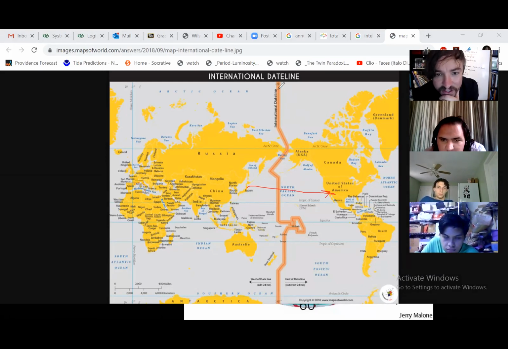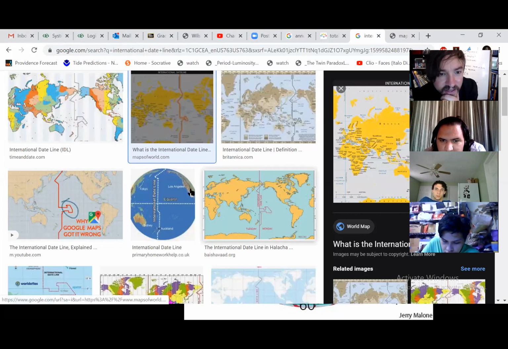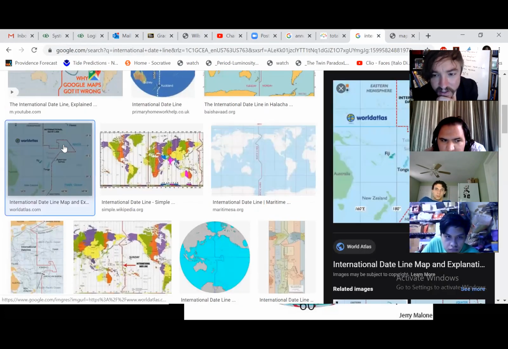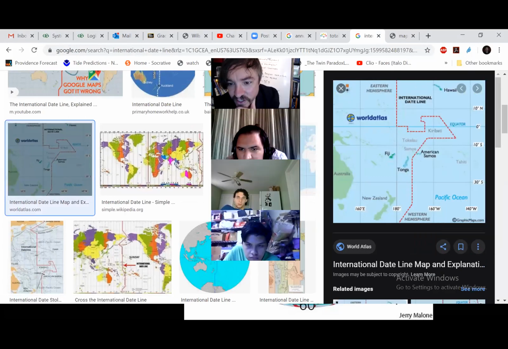You'll notice that the international dateline doesn't go straight, but it kind of wiggles around for political reasons. And if you think a little bit, there's some good reasons for that. You wouldn't want the international dateline to cut through different parts of a continent, right? Like here you can see in this picture, it's wiggling around Fiji and Tonga and American Samoa.